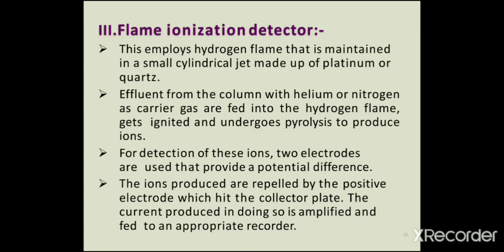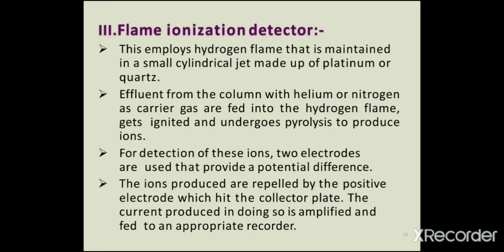In this flame ionization detector, a hydrogen flame is maintained, and effluent from the column with helium or nitrogen as a carrier gas is fed into the hydrogen flame, gets ignited and undergoes pyrolysis to produce the ions. So whatever effluent is coming out from the column is ignited along with this hydrogen flame, and it will produce the ions.